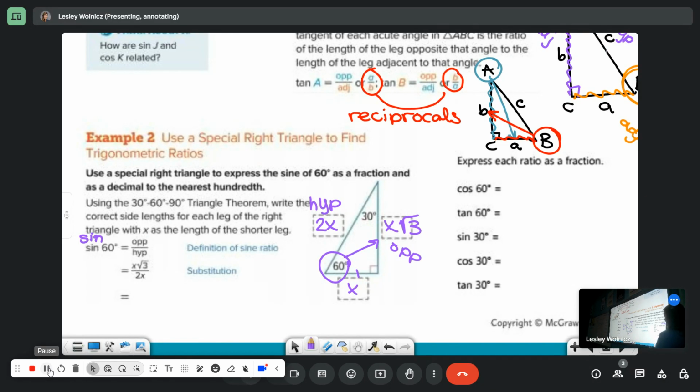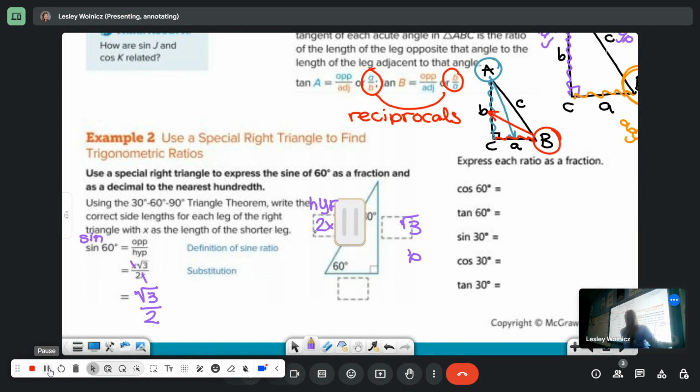What is going to happen to my cute little x's? They divide away, and then they give us a 1. So I'm left with the square root of 3 over 2. Okay, I messed up my triangle. X, 2x, x root 3. So we're going to try these over here.